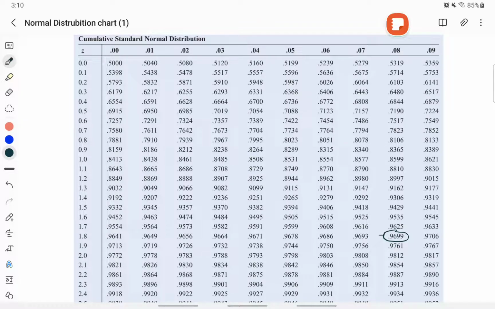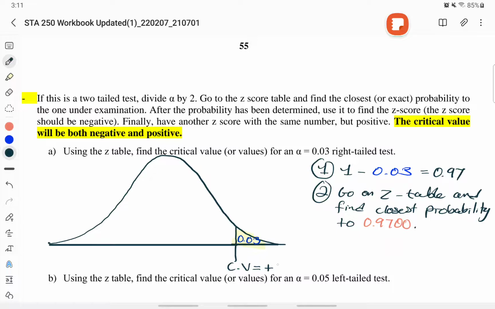And from there, we're going to find that Z-score. The Z-score is 1.88, and that is going to be the critical value. So our critical value is 1.88.